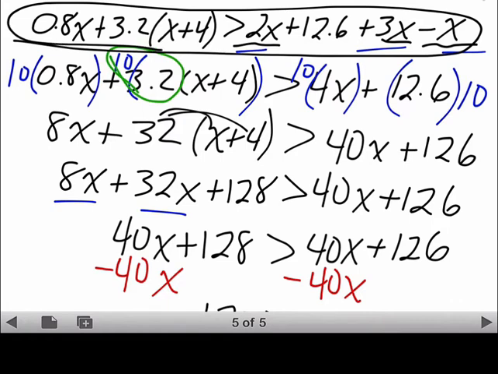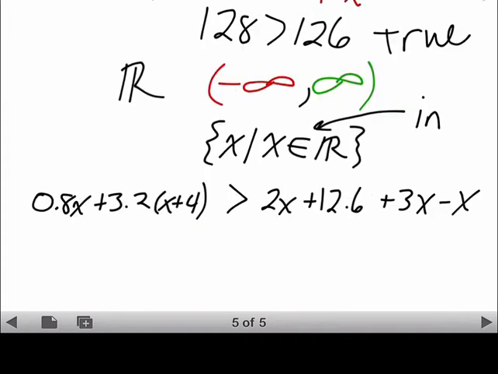Now I'd like to consider this inequality that we started out with. And what I want to focus on is this greater than symbol right here. Now I've rewritten the original inequality, and if that greater than had instead been a less than, then when I did all of my work, I would have ended up with 128 is less than 126.